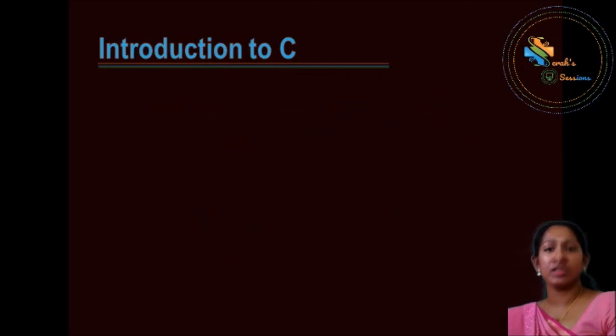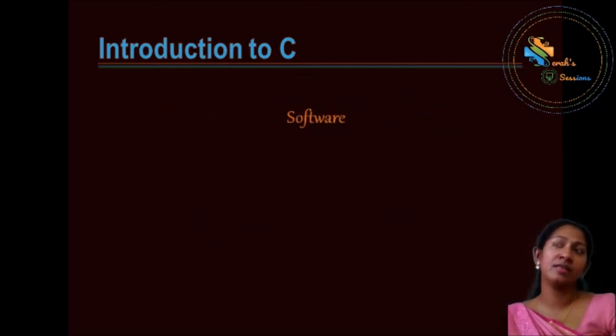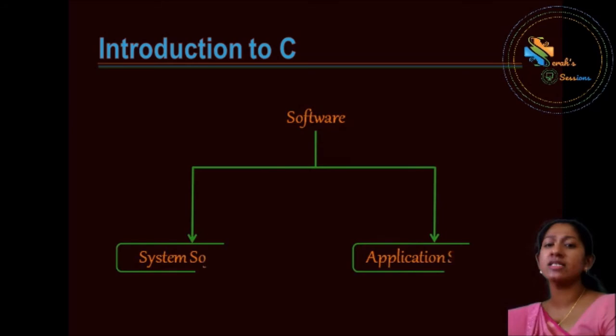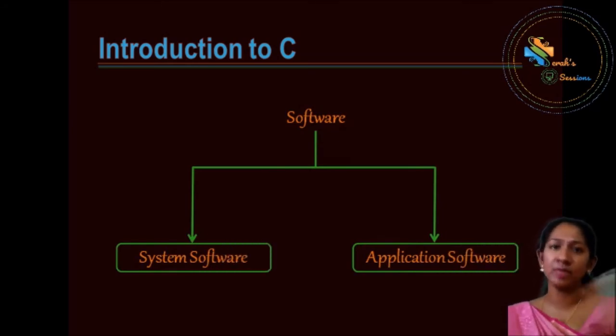Software can actually be divided into two. I think the classification is very familiar and famous. It can be basically categorized as system software as well as application software. First, let's see what application software is. I think you all will be familiar with different kinds of apps that you install inside your mobile phones.